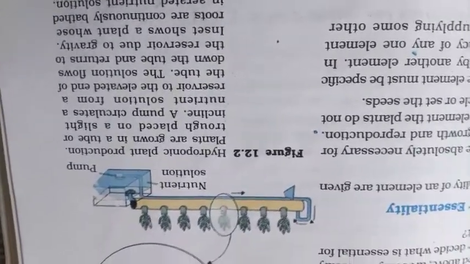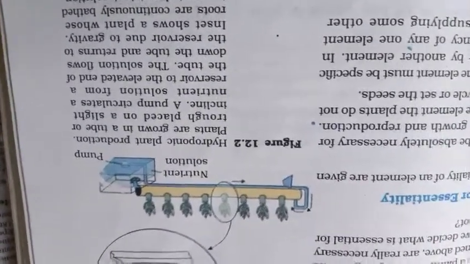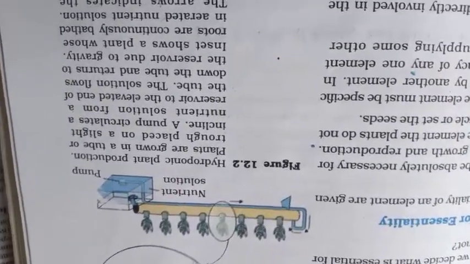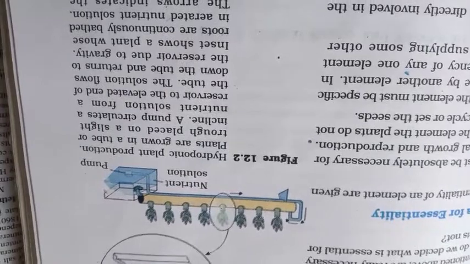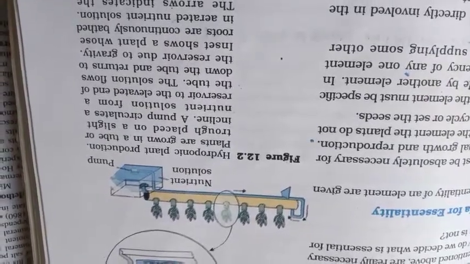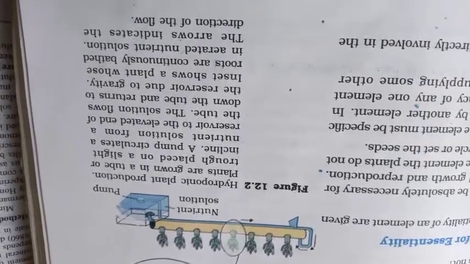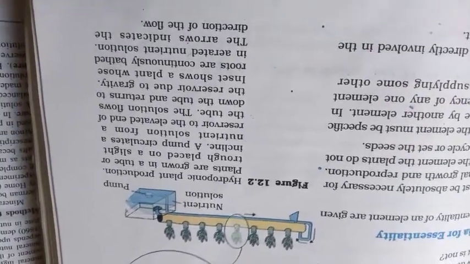You can see the setup for hydroponic plant production. Plants are grown in a tube placed on a slight incline. A pump circulates a nutrient solution from a reservoir to the elevated end of the tube. The solution flows down the tube and returns to the reservoir due to gravity.